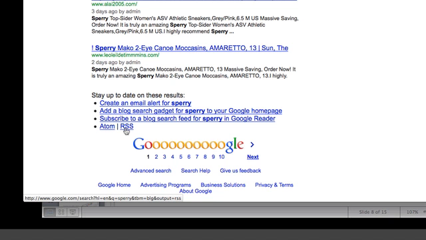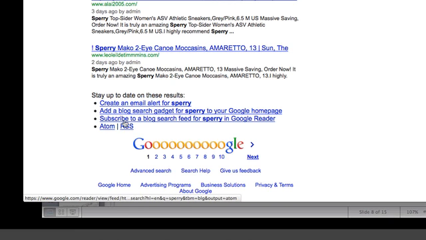So, what are all these things? Well, all of these things are different ways that you can have the internet push information to you. If I worked for Kansas State University in communication and marketing, I would subscribe to one of these services, which are free, so that I would know every time Kansas State University shows up anywhere. So I'm going to do it for Sperry.